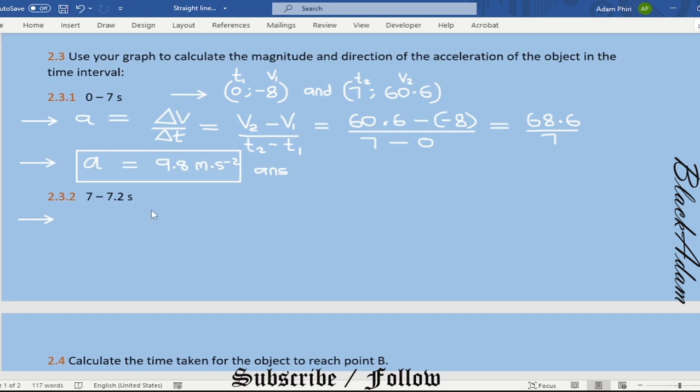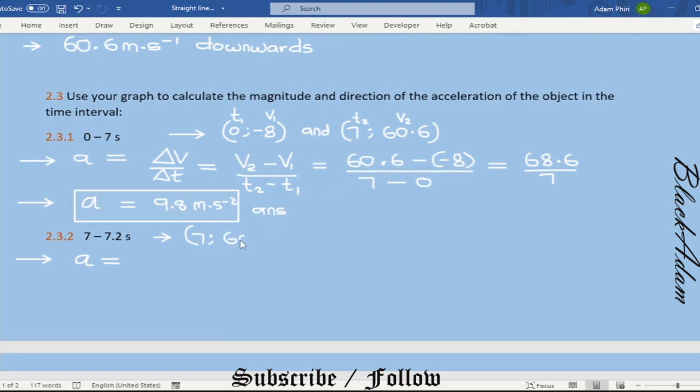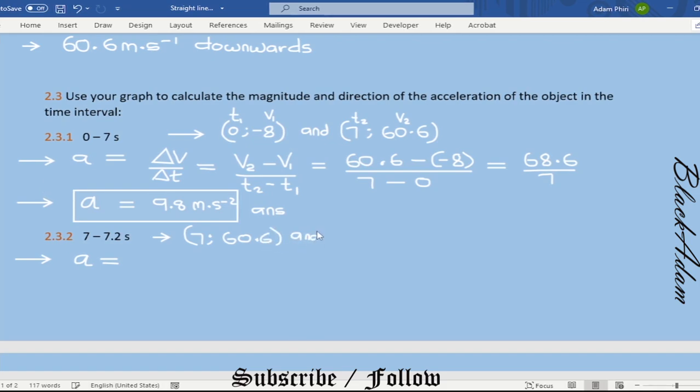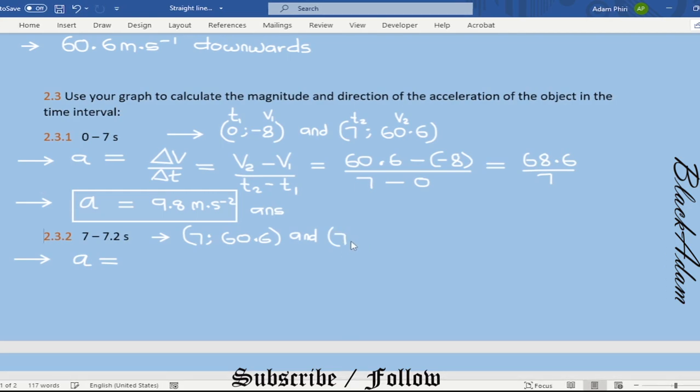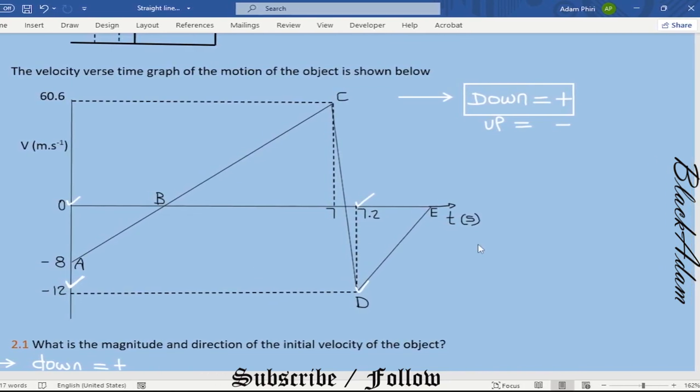And then let's look at 7 to 7.2 seconds. At 7 we have 60.6, and at 7.2, let's go back to the graph, it's going to be -12.